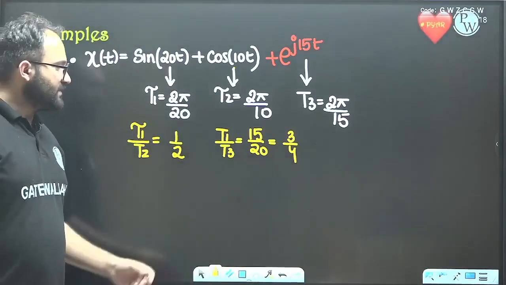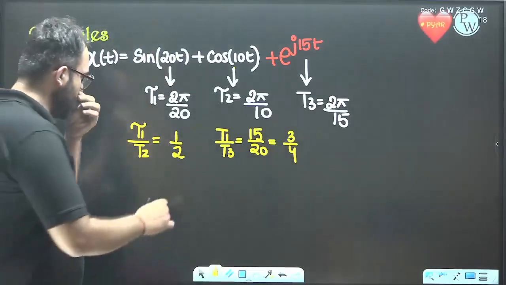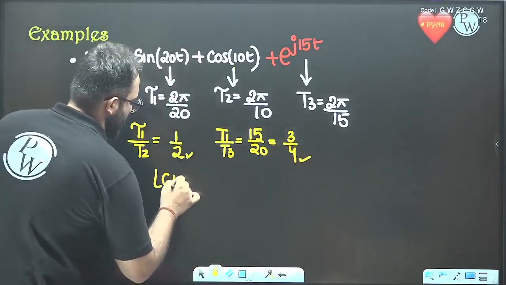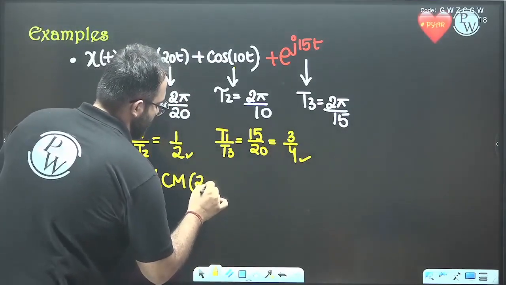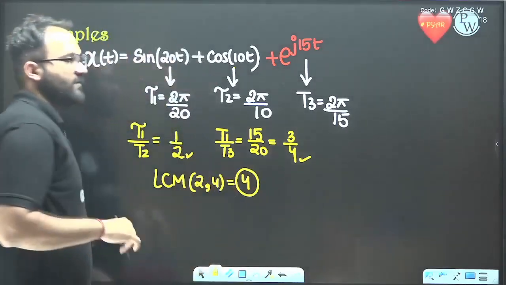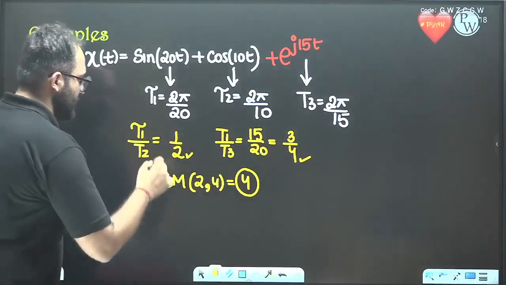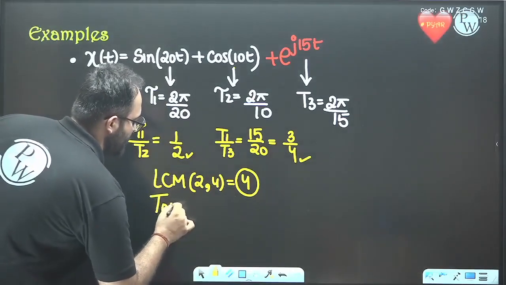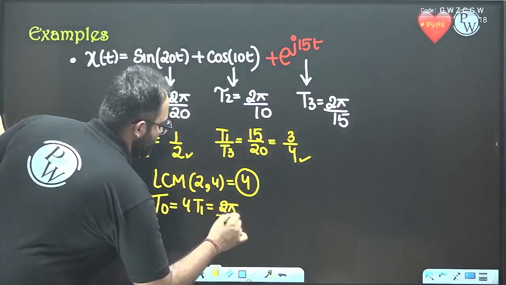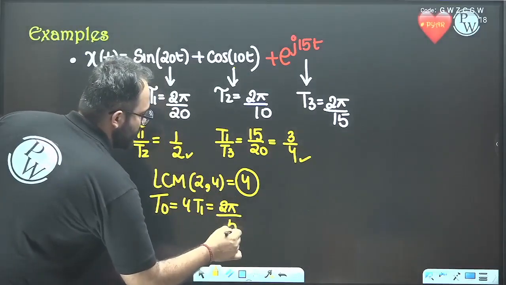Now we can see that we have two denominators, that is 2 and 4. What is the LCM? LCM of 2 and 4 is equal to 4. So the period of the signal T0 will be 4 times T1, that is 2 pi by 5.